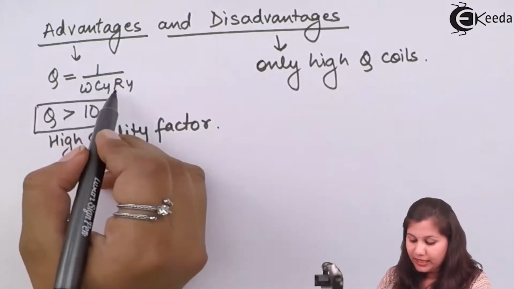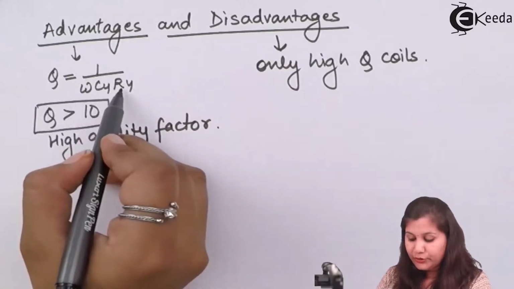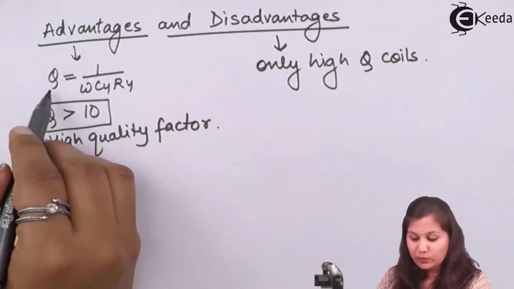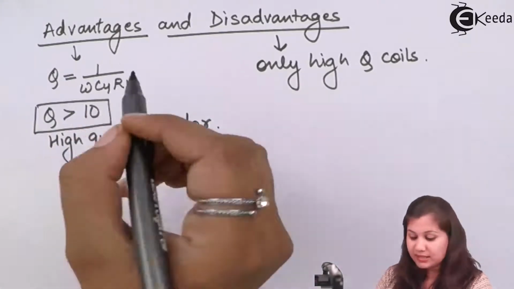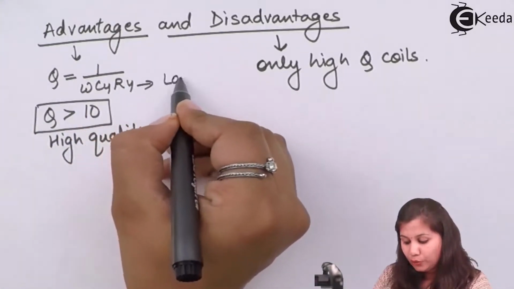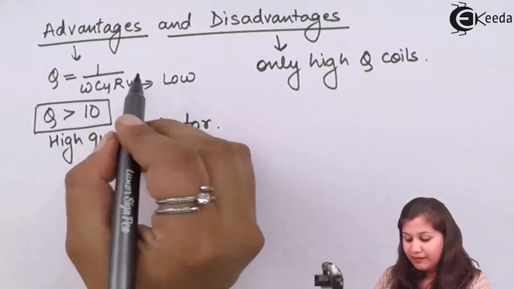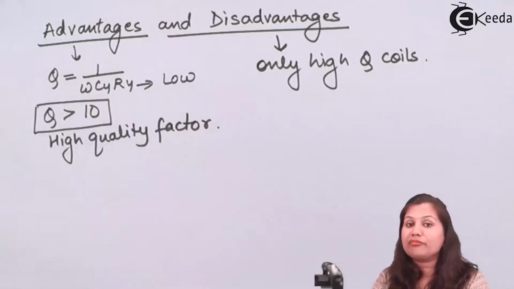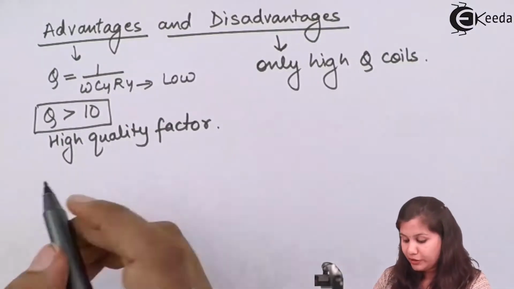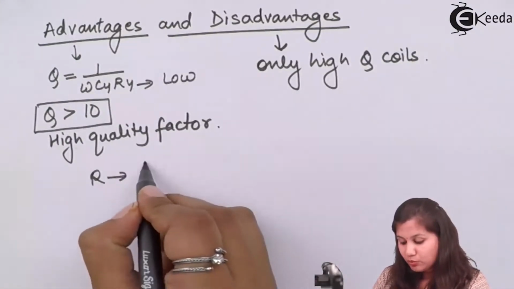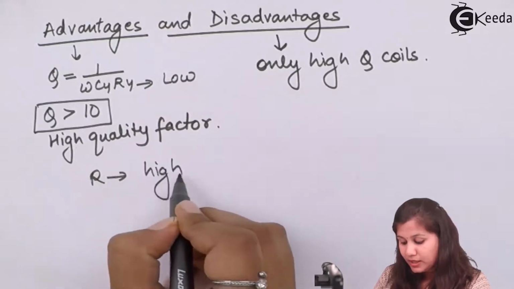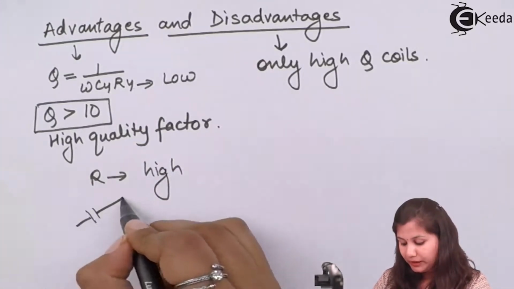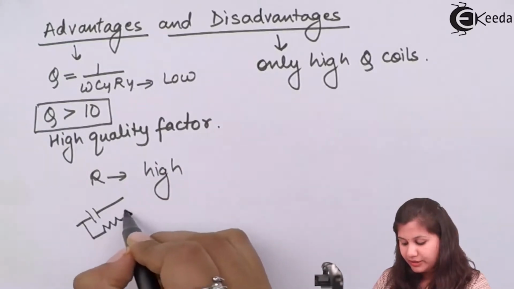You can see here that if we want the quality factor to be very high, then this resistance has to be very low. So here the value of the resistance R4 is very low, but in the case of the Maxwell inductance capacitance bridge, the value of the resistance was very high, because there we had the parallel combination between the capacitor and the resistance.